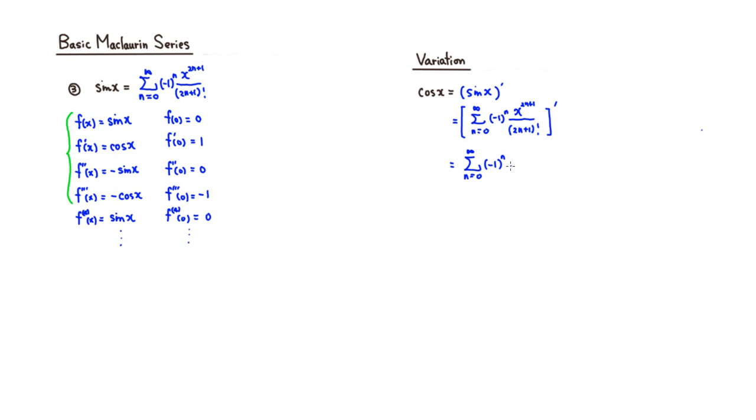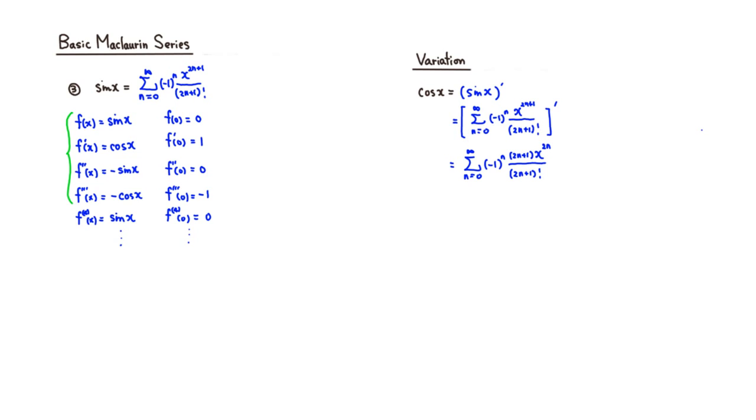And the 2n plus 1 factorial on the bottom doesn't change, so I'm going to write the 2n plus 1 factorial. But we have to apply the power rule to find the derivative of x to the 2n plus 1. So you put the 2n plus 1 in front of x, then subtract 1 from the power, so you have 2n.